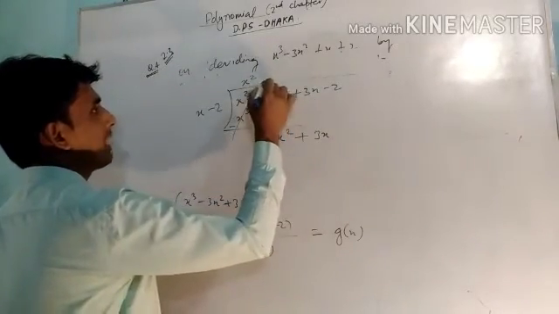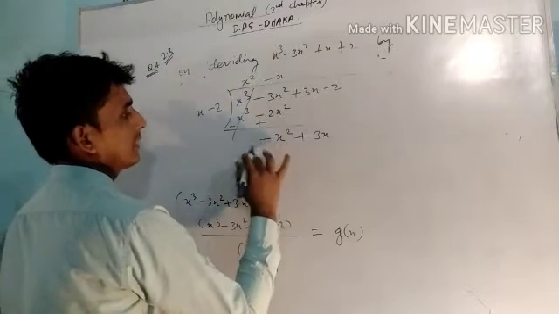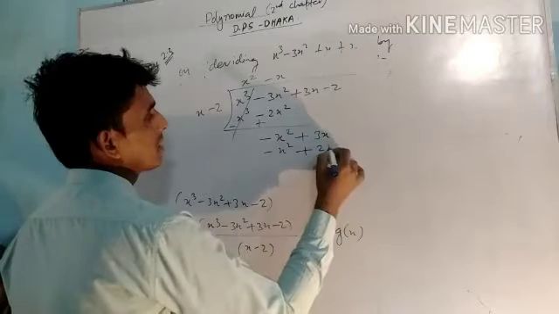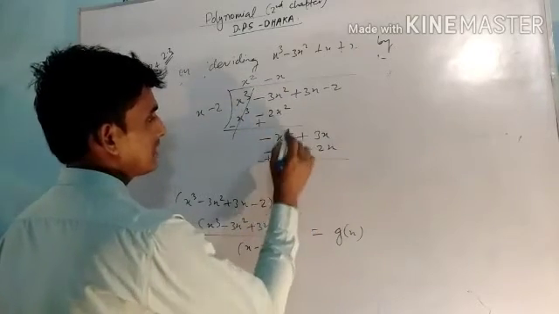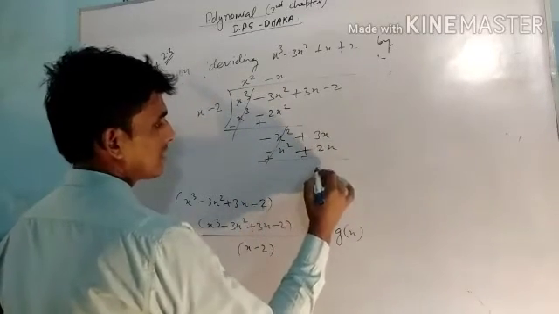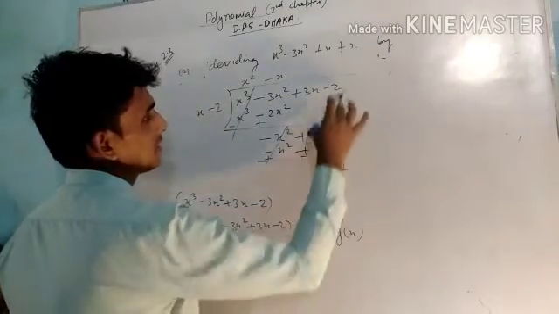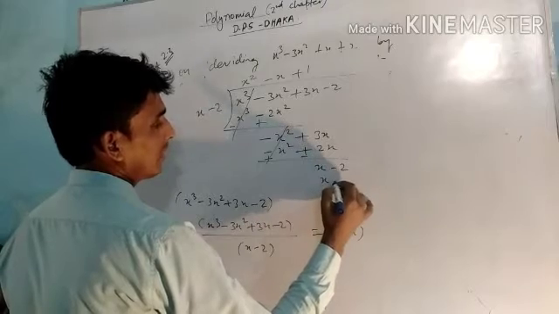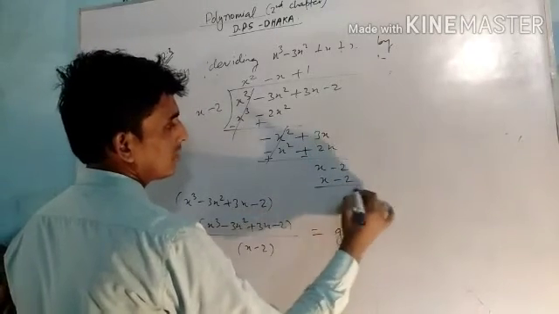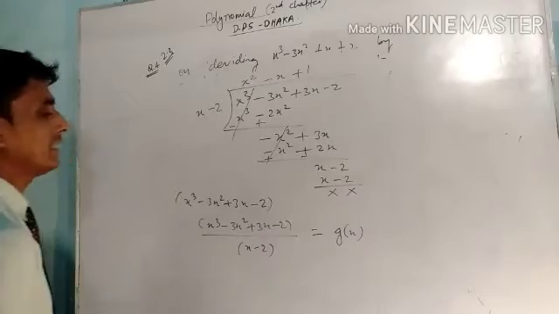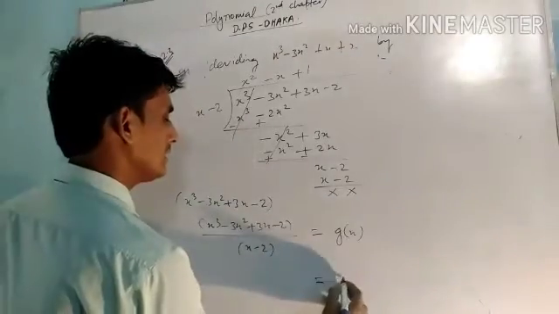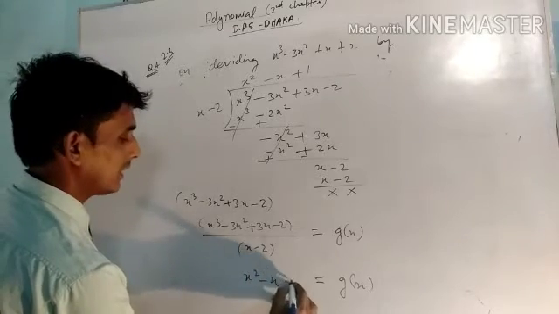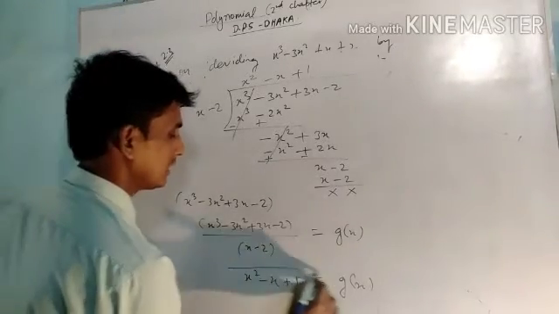So now we will multiply with minus x. We will get minus x square, and minus 2 into minus x is plus 2x. So the sign will change, it will cancel out, and 3x minus 2x is x, minus 2. Now we will multiply with 1, x into 1 is x, and minus 2 into 1 is minus 2, so it will cancel out. So we are getting the polynomial gx, that is gx is x square minus x plus 1. So this is the polynomial.